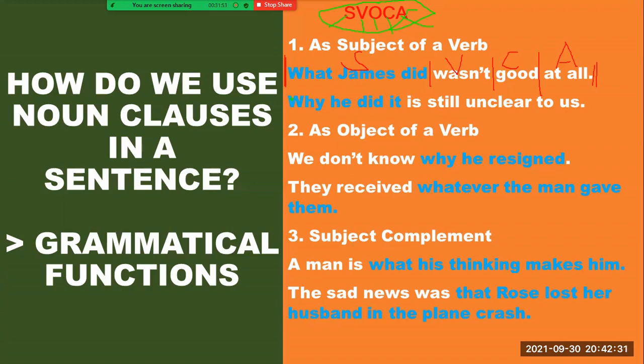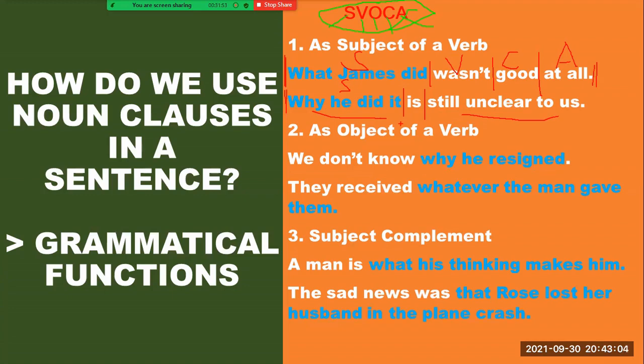Then the second one here is why he did it. All right, why he did it. That is a noun clause, and it is also the subject. Why he did it is still unclear to us. All right, let's leave out the rest of this. Our analysis is focused on the noun clause, and here it is functioning as the subject of the verb is.